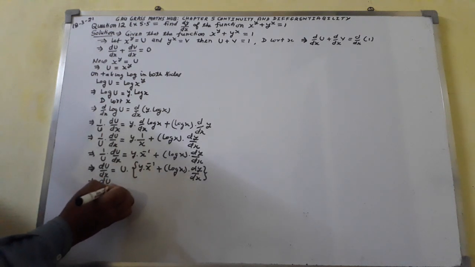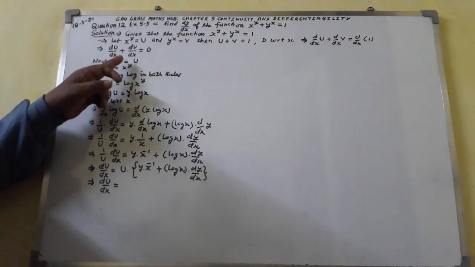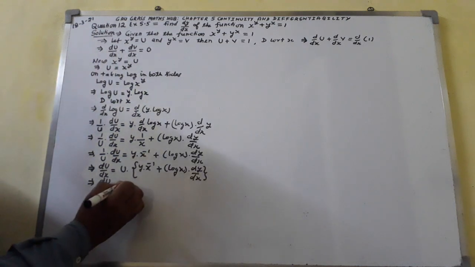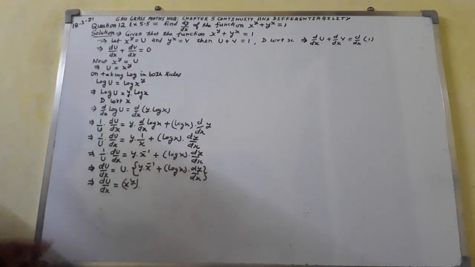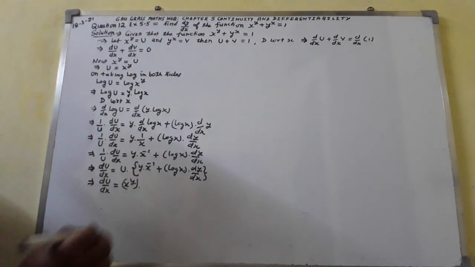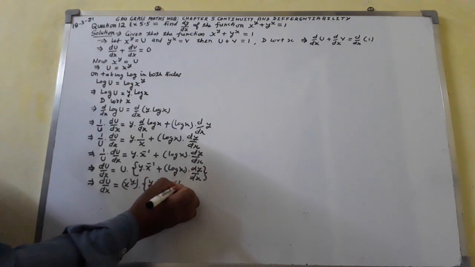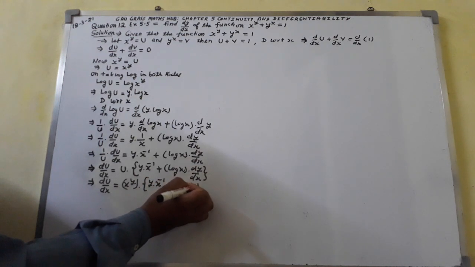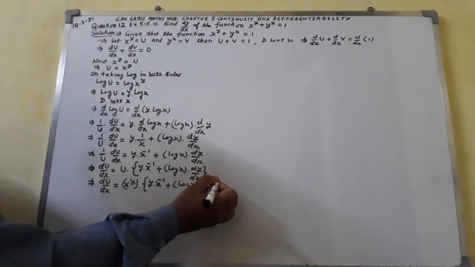Now again I shall write d over dx equal to the value of u I shall take from this place, x raised to power y. So here write x raised to power y. x raised to power y dot, open here curly bracket, y dot x raised to power minus 1 plus log x dot dy over dx, curly bracket close.